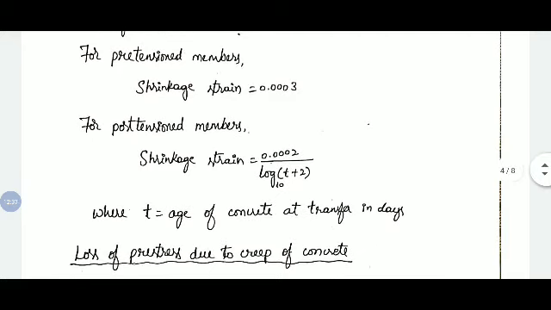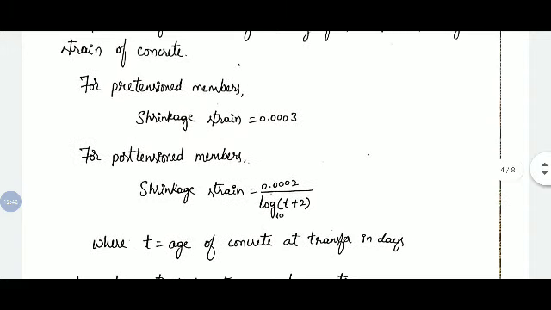T is the age of the concrete at transfer. This T value will be given, but you should be careful whether you are calculating for pre-tension or post-tension, that you should remember.